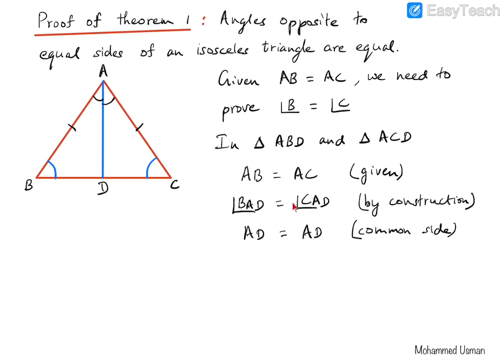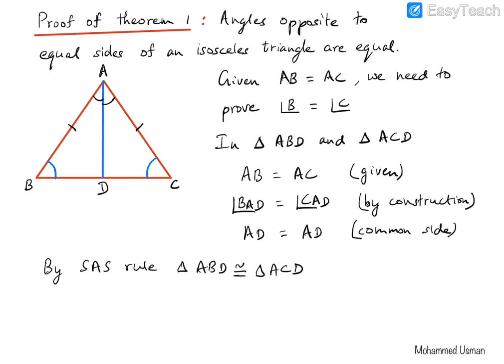So that is side, angle, side. So we can apply the SAS congruence rule to show that these two triangles are congruent to each other. So by SAS rule, we can say that triangle ABD is congruent to triangle ACD.